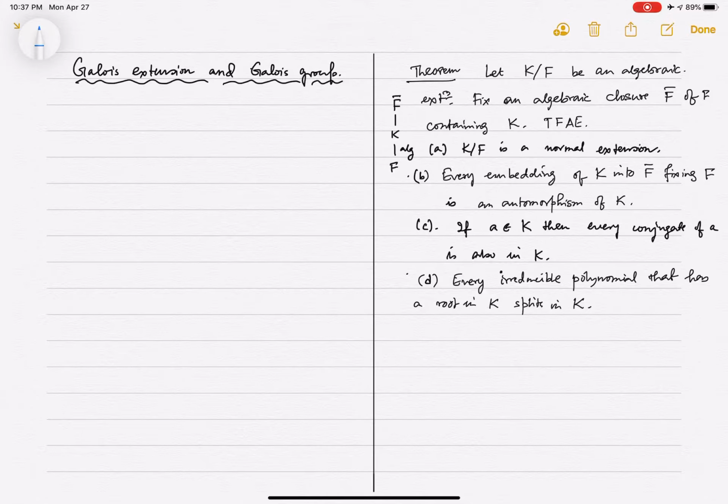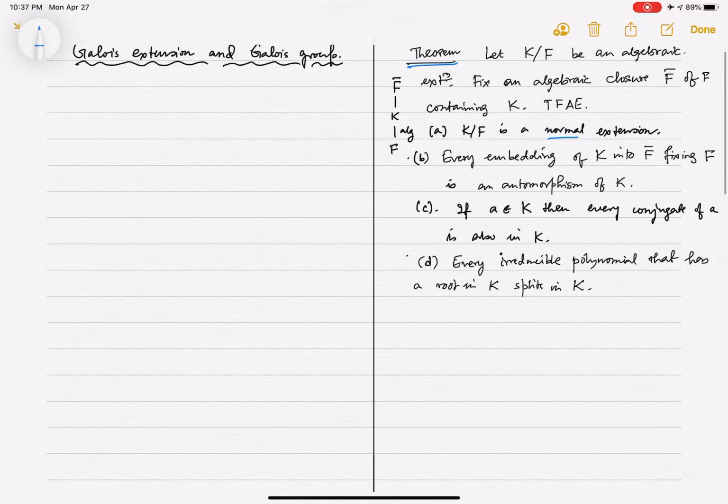So we've been looking at splitting field extensions, and I have recalled this theorem which characterizes splitting field extensions, now called normal extensions. The main observation was that if you have one of the splitting field extensions, so an extension that is obtained by adding all roots of a bunch of polynomials, you consider it inside a fixed algebraic closure.